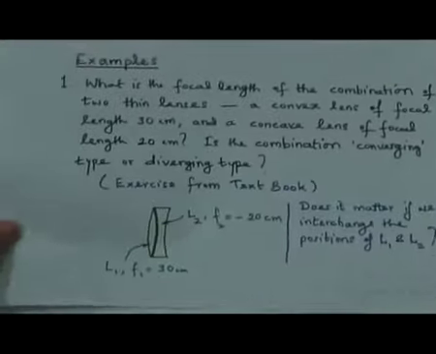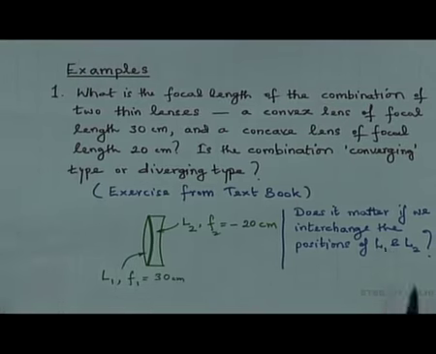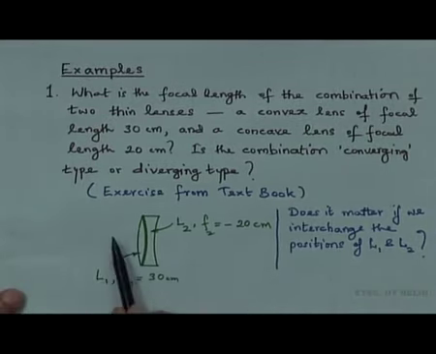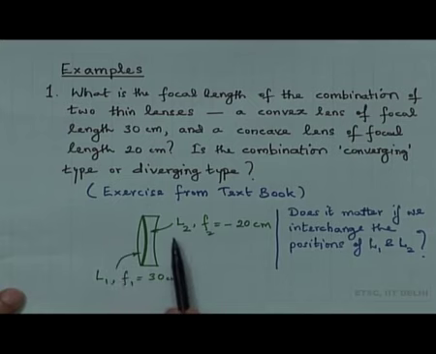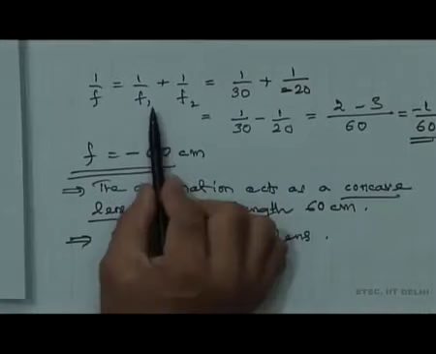Whether we have L1 first or L2 first, does it matter? It does not matter, so long as the refractive index here and the refractive index here are the same. So long as the outside refractive indices are the same, it does not matter whether I place this one first and this one second or vice versa, because what we have used is simply summing.